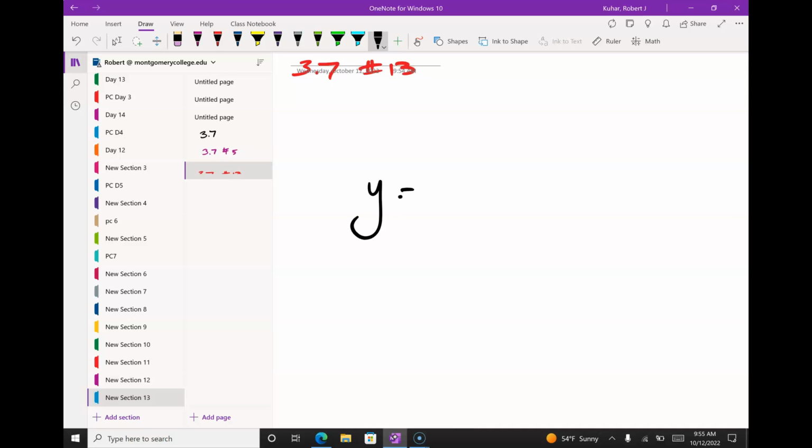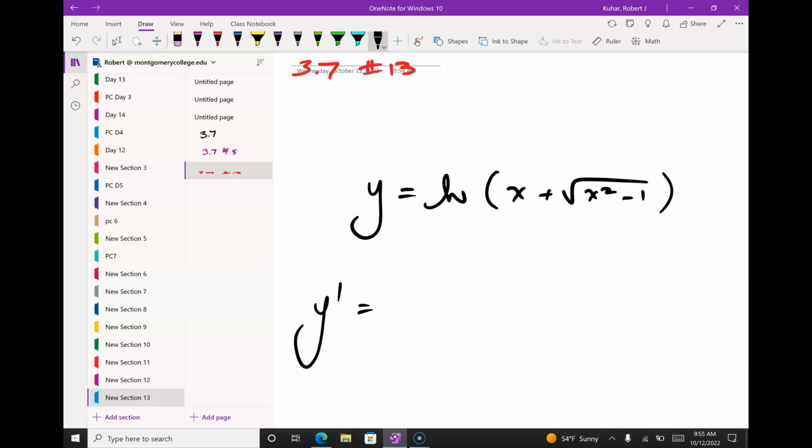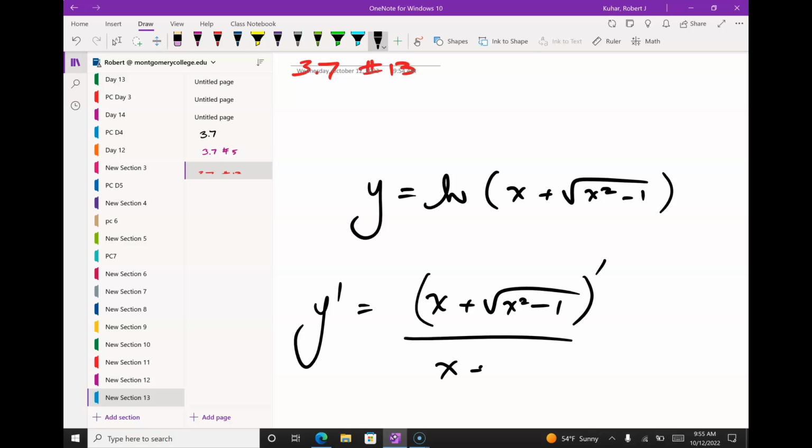I've got y equals the ln of x plus square root of x squared minus 1. Yuck. But what do I know? I know right away I need that inside prime over the inside.